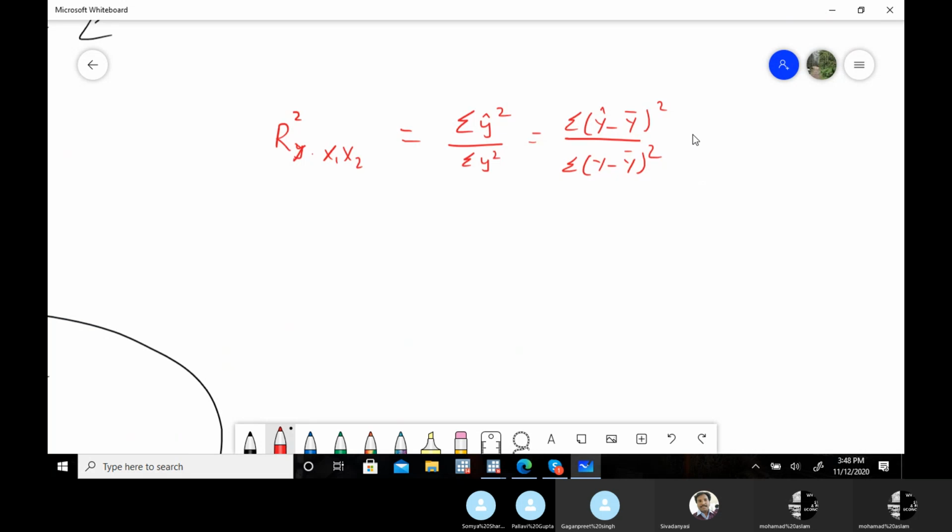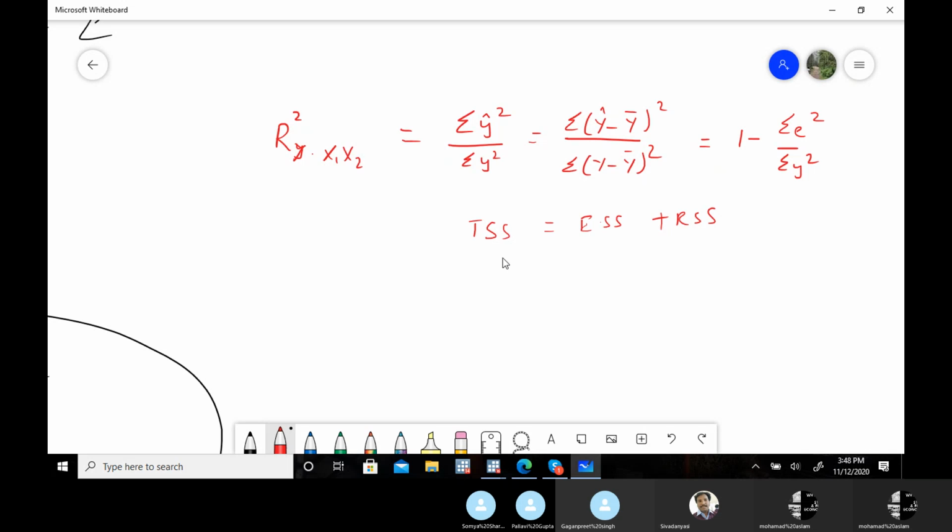Another way of writing it is 1 minus unexplained variation upon total variation. It means you can use any of these methods. This is actually from the equation: total sum of squares equals explained sum of squares plus residual sum of squares.